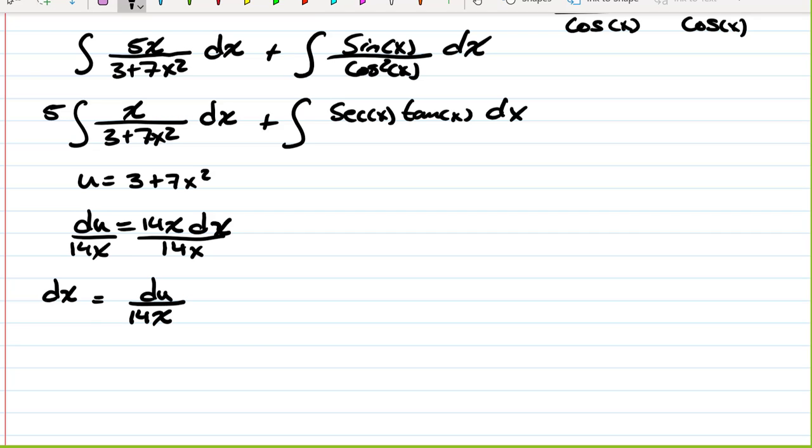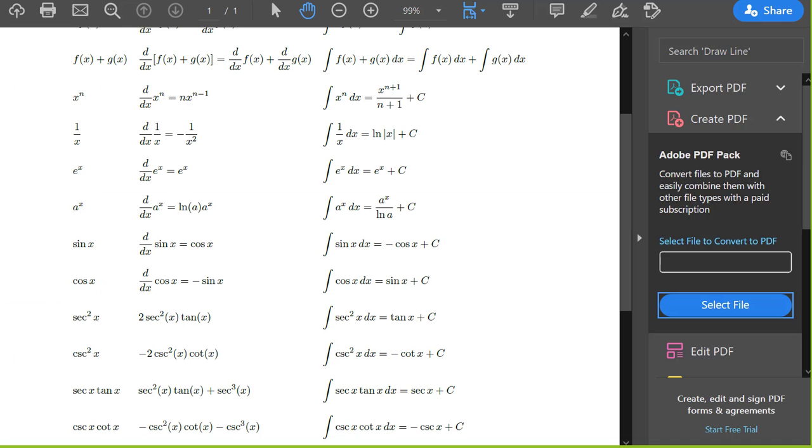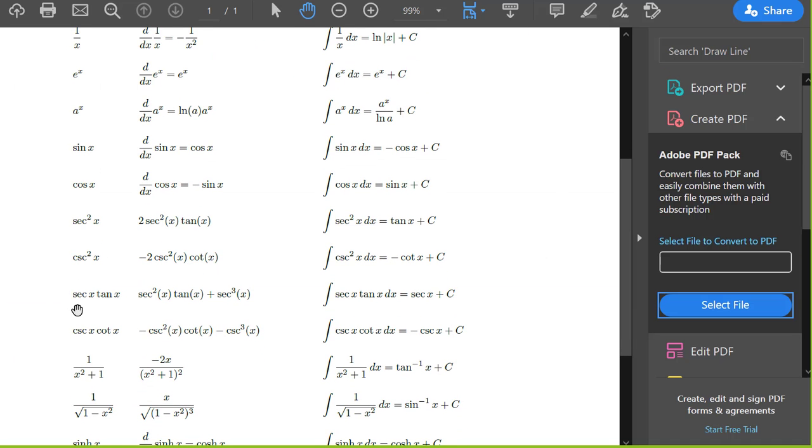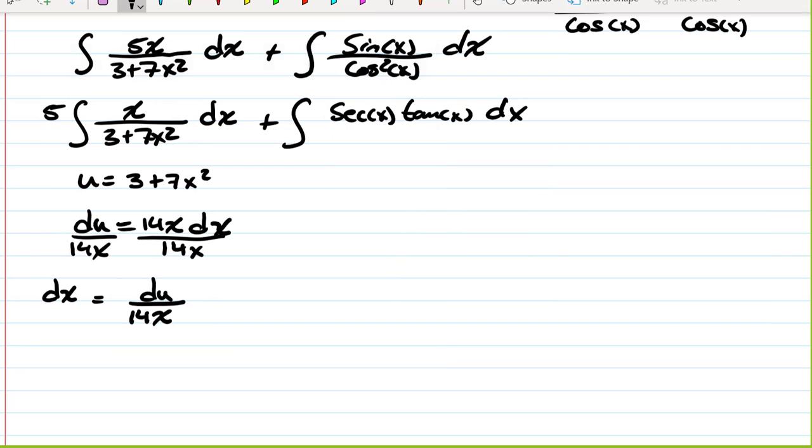The second one is actually really straightforward, because if we go to our integral sheet, we'll notice we have a secant tangent. And what is the integral of secant tangent? Secant x plus c. So this one is just done from our integral sheet. After rewriting that using algebra, we just get secant x for our antiderivative.